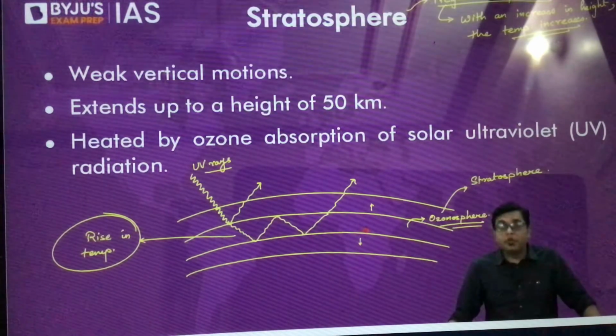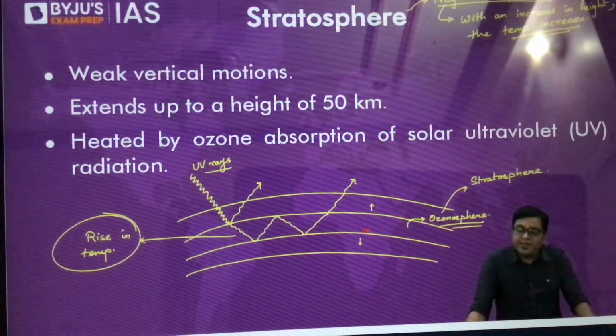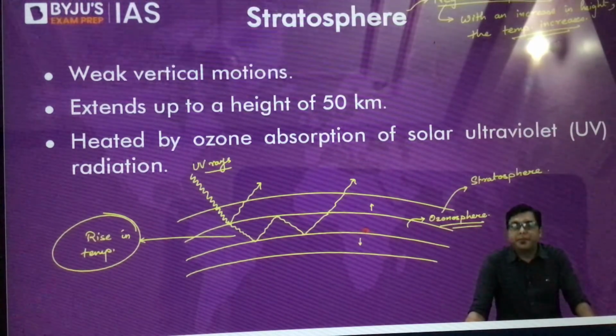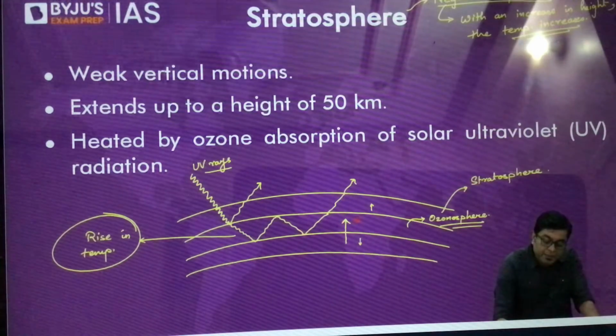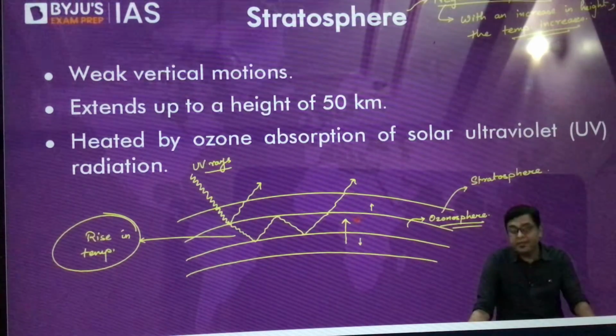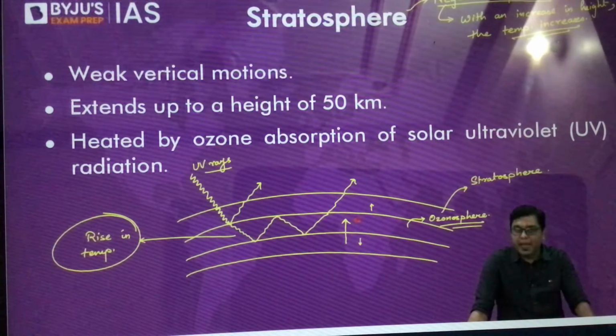The temperature goes significantly higher. Okay, and that is why we say it exhibits a negative lapse rate. That is, with the increase in altitude, the temperature tends to increase. That is why stratosphere is said to have a negative lapse rate.